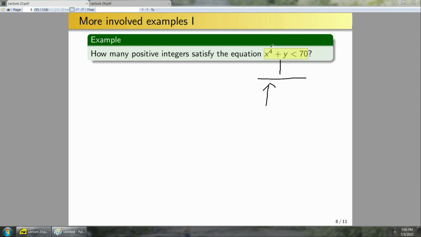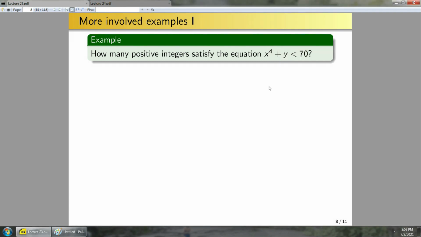So this thing here is non-linear, so the standard method doesn't work. Namely, if I put one thing in, I end up with only one, but if I put two things in, I end up with x to the fourth things sitting there. So our previous method does not really work.